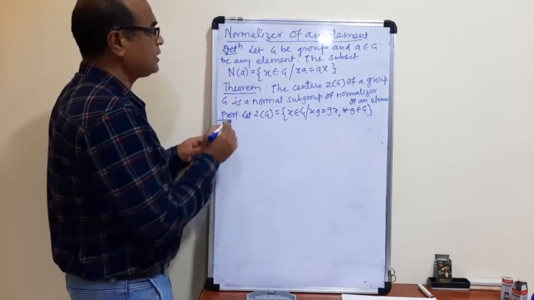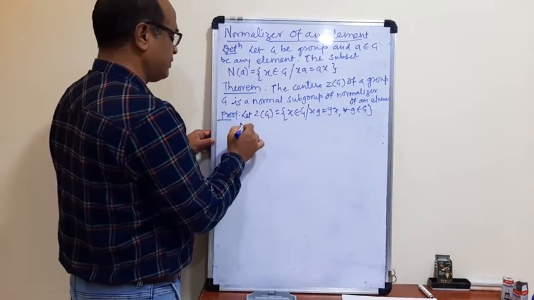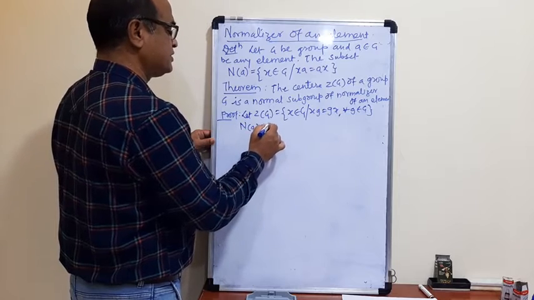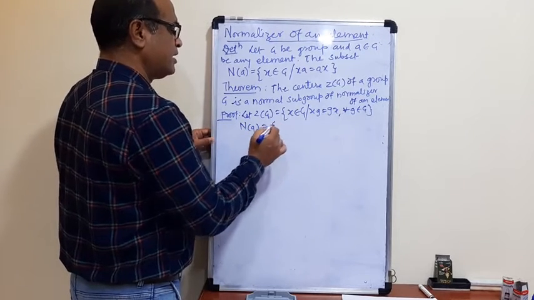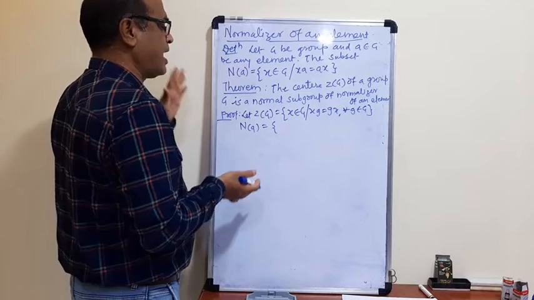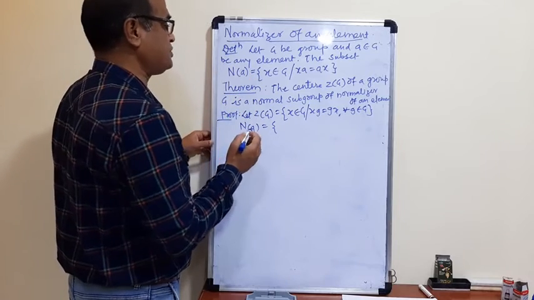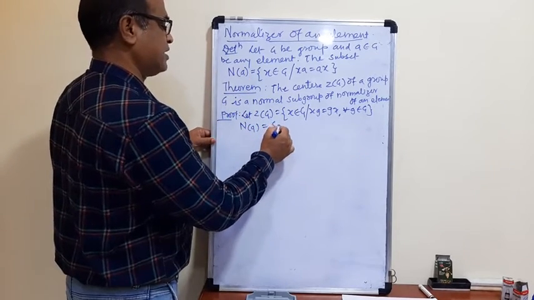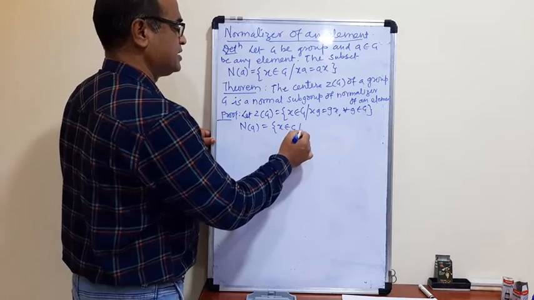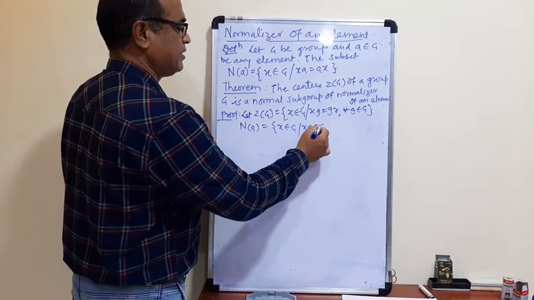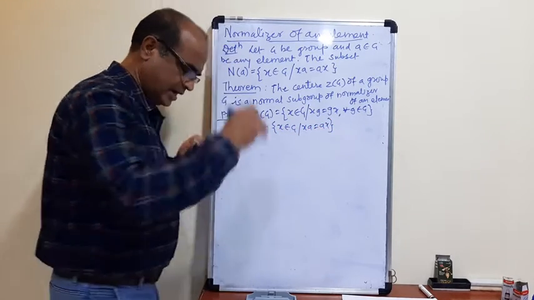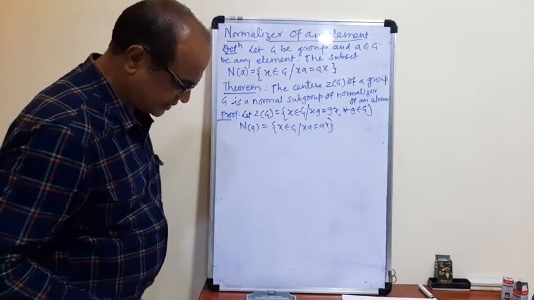Again, what is the definition of the normalizer of A? Identify the definitions of the center of a group and the normalizer of an element A. It is the set of all X belonging to G where XA is equal to AX. So these are the definitions given.